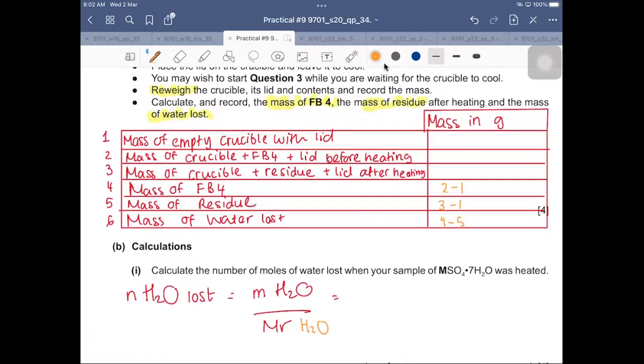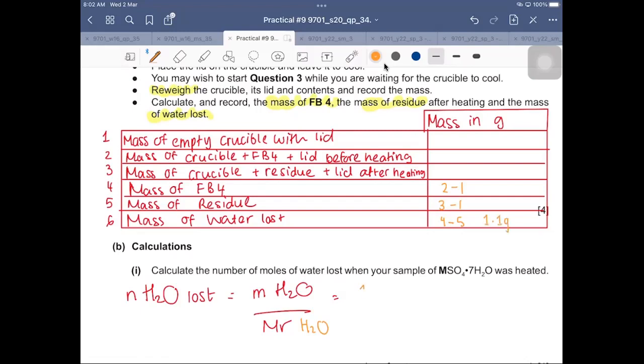One point? Is that the number of moles or mass? I think it should be something smaller for that. What's your mass loss? One. 1 gram. Okay, so that should be correct at 1.1 grams.